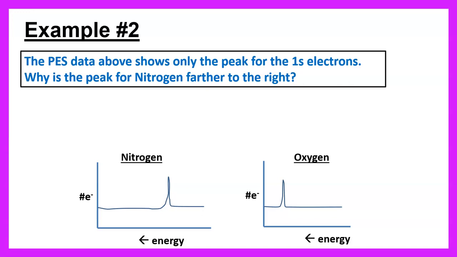Pause the video and think about an answer. See if you can come up with an answer that has to do with the periodic trends that you know about when it comes to ionization energies. Think about the attractions here to that nucleus.